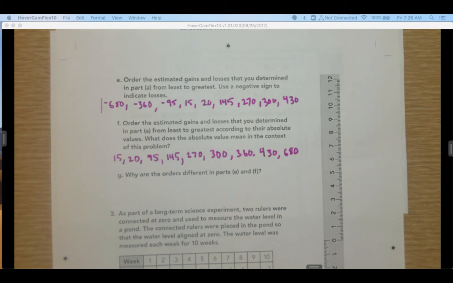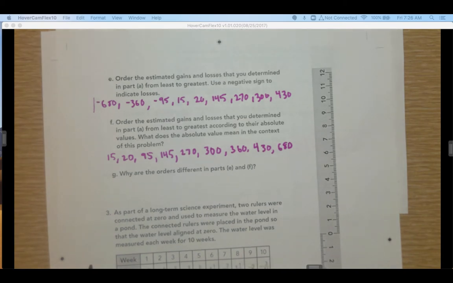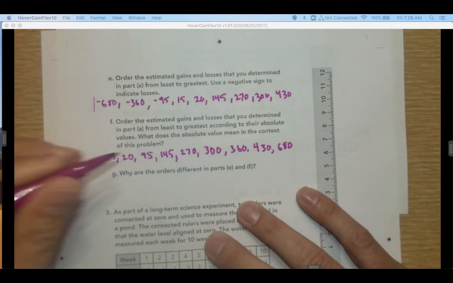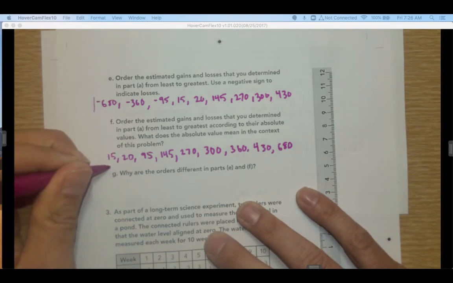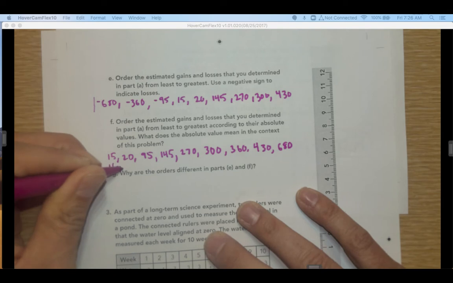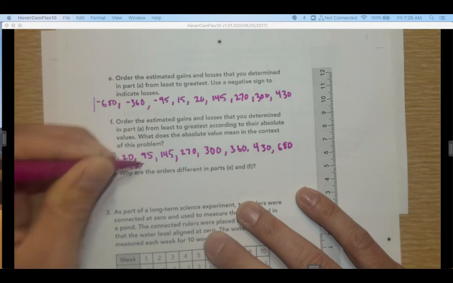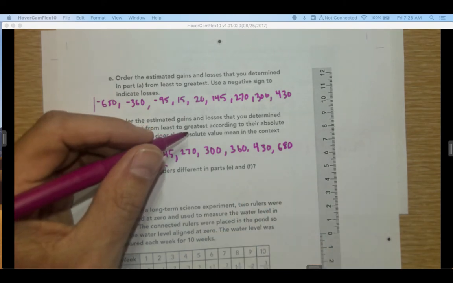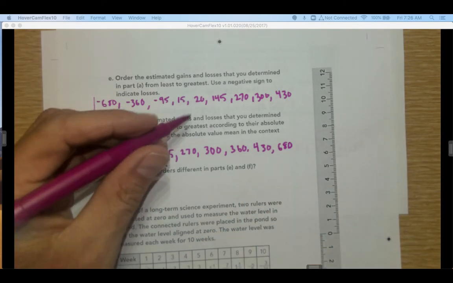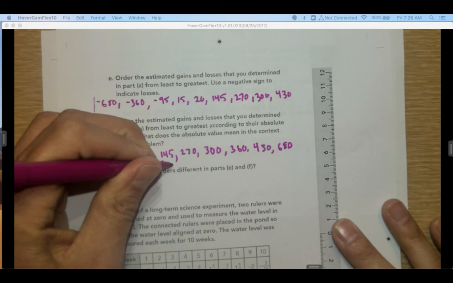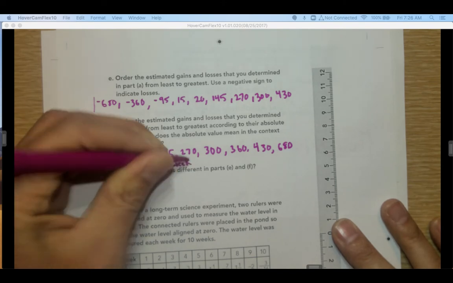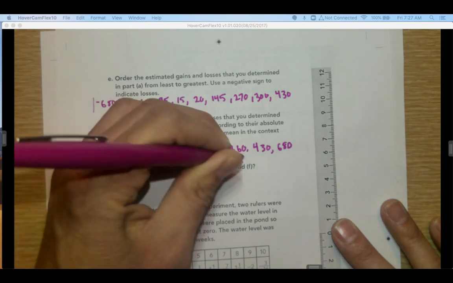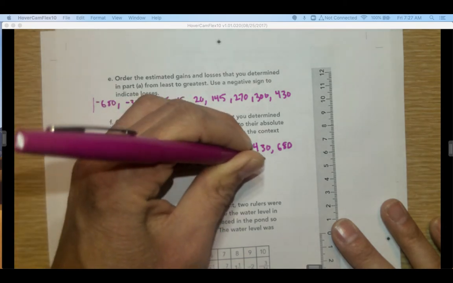Because all the negatives turn into positives there. And then this would be how far each week was from the break-even point.